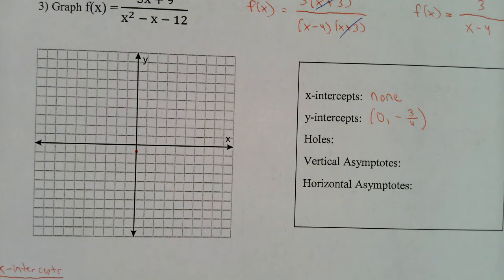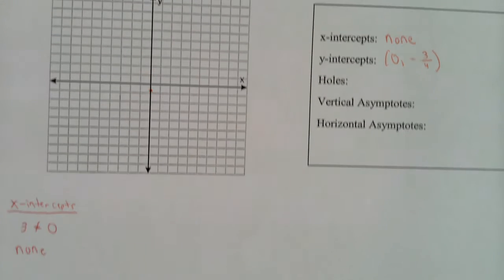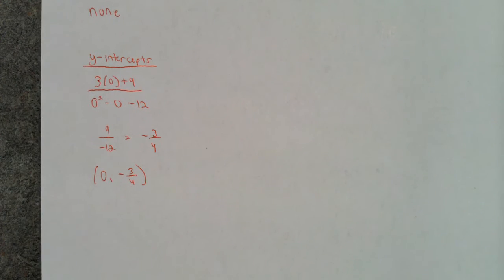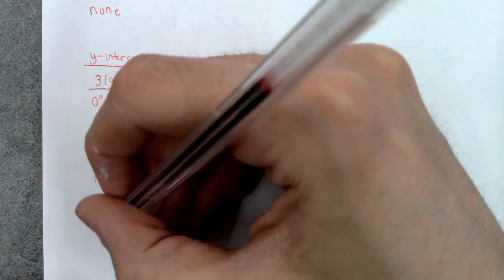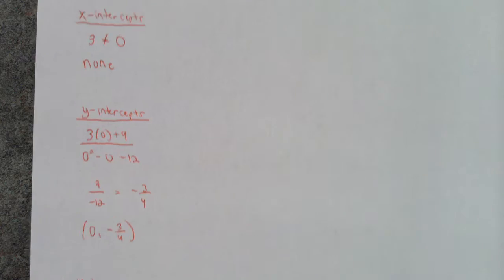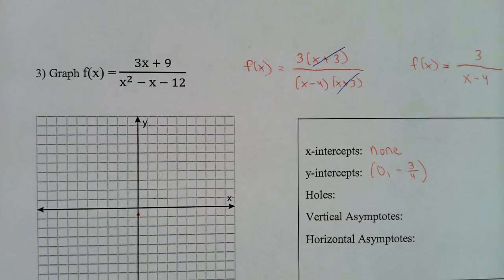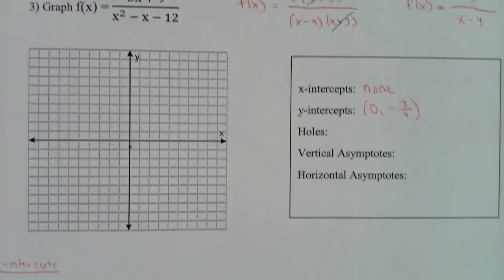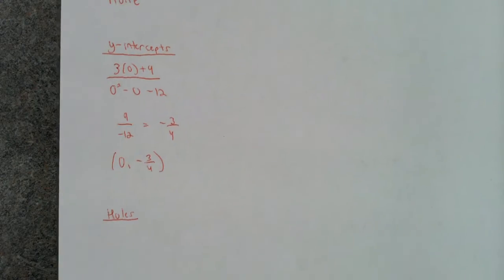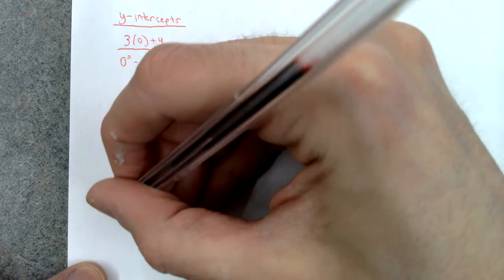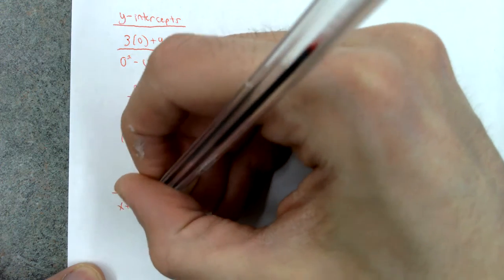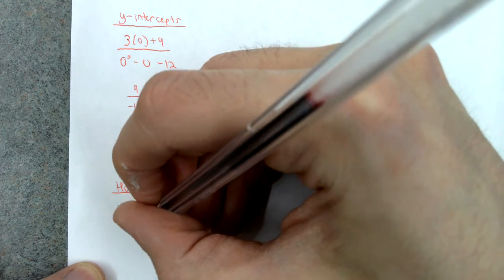Next, we're going to do the holes. Let's do that down here. You take a common factor. In our case, the common factor was x plus 3, and you set it equal to 0. That gives you x equals negative 3.